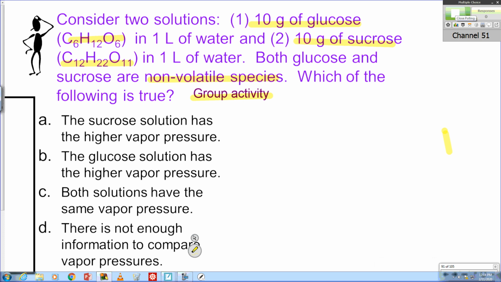You can ask each other, figure it out. Has to do with whichever one's very small.